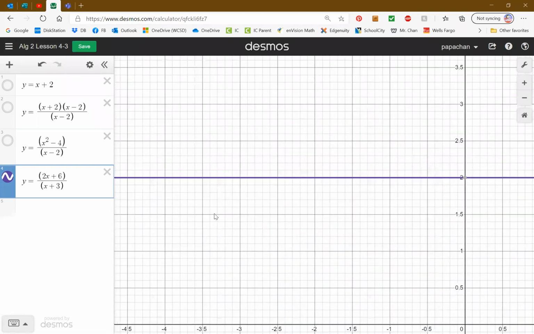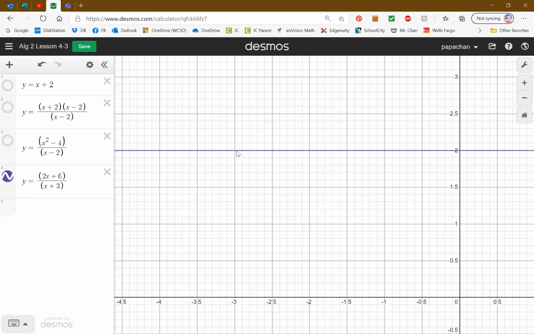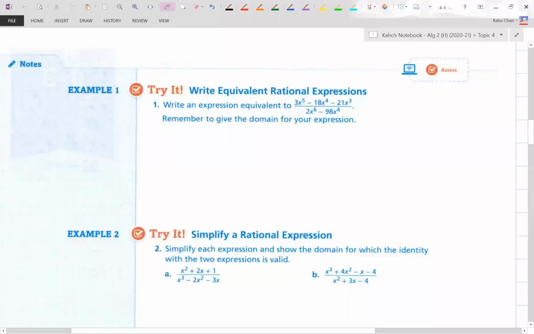I might have to zoom in a little bit at -3. Sometimes, oh, there it is. Did you see it? Yep, there it is. Oh, very difficult. Oh, there it is, undefined. You get the idea, you see it, right? There it is, okay? All right, back to our notes.